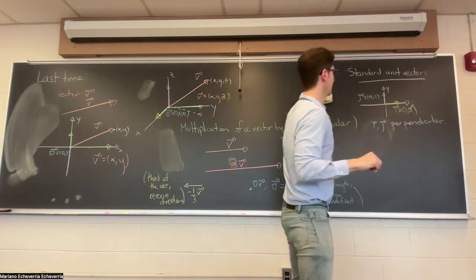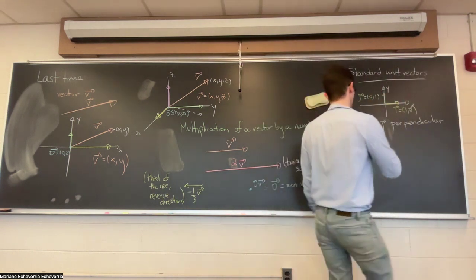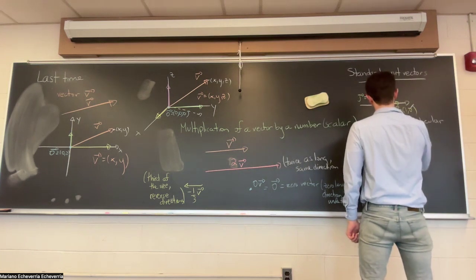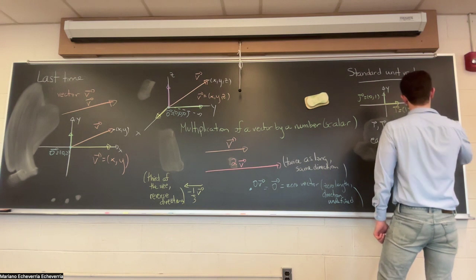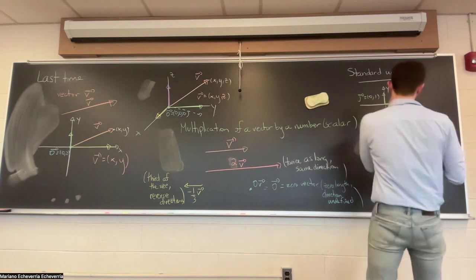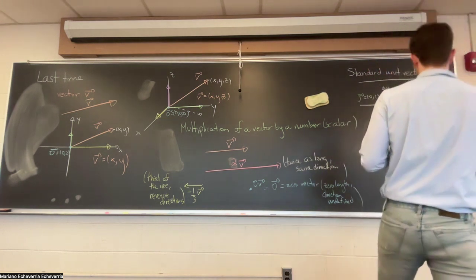Okay, and then each has length 1. Because they have length 1, they're called unit vectors.